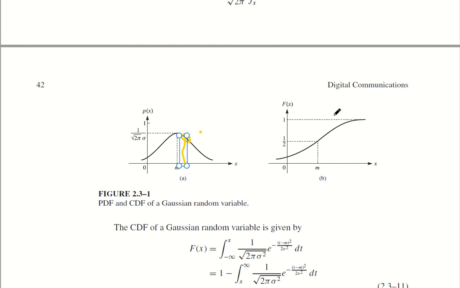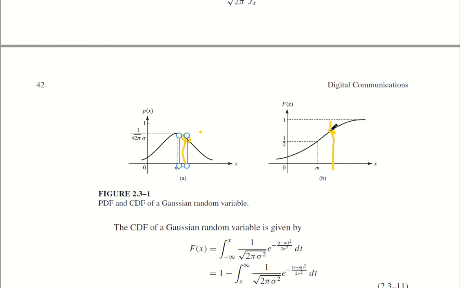But when we look at the CDF, a point here means the probability that the realization of the random variable is going to be below this threshold.